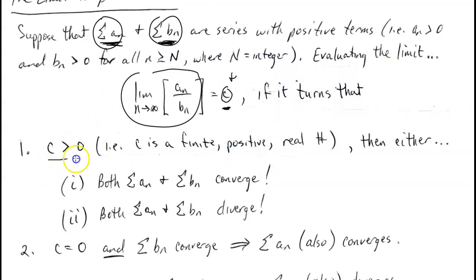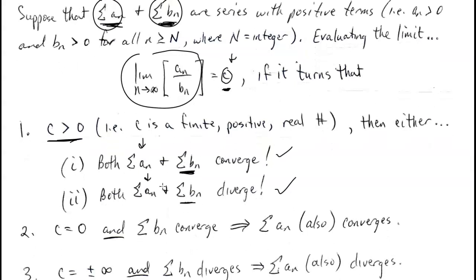Now, if the outcome is a real number value C that is positive, then this reads very much like the direct comparison test for improper integrals, which is in this case, either both of these series will converge or both of these series will diverge. Let's say we know that our B sub n converges, so that means A sub n will follow. If we have this same situation, but we know our B sub n diverges, then A sub n is going to follow.